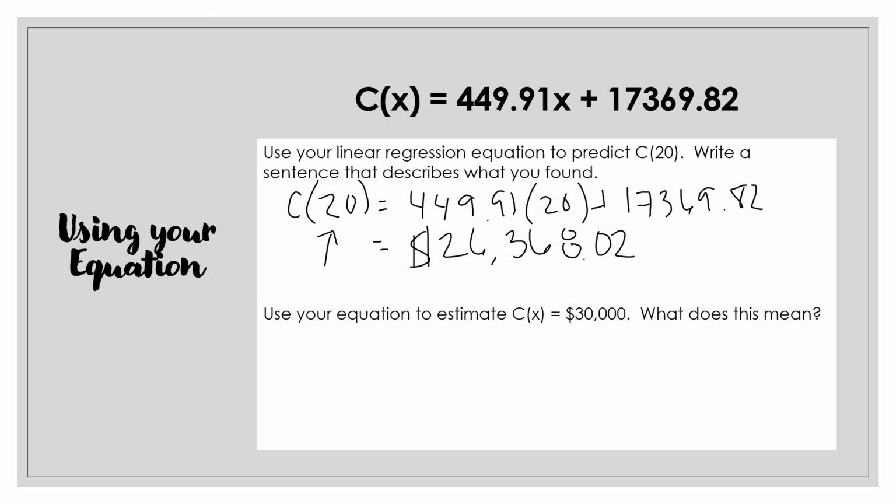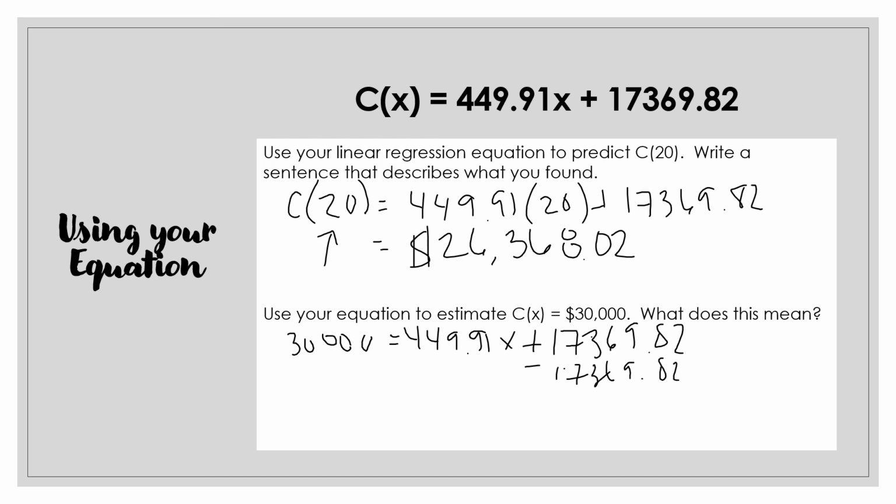All right, use your equation to estimate when C of X will equal 30,000. So now I know that the output is 30,000. So if we're using our equation, I'm going to take my equation and set it equal to 30,000 and solve it. Okay, and this is just a two-step equation. So the first step would be to move this value to the other side. This cancels out.